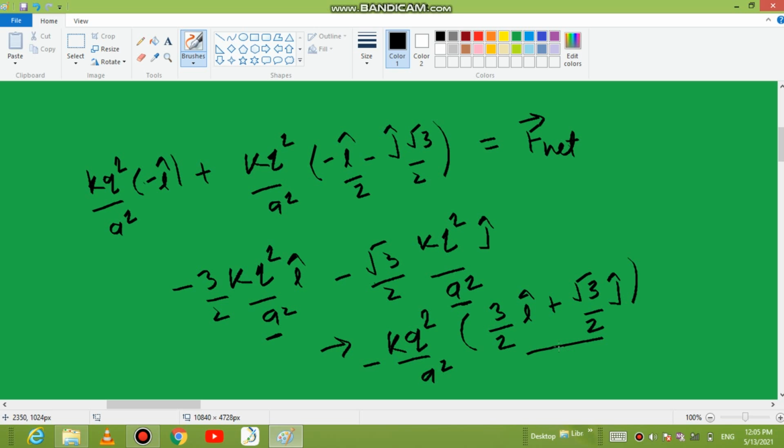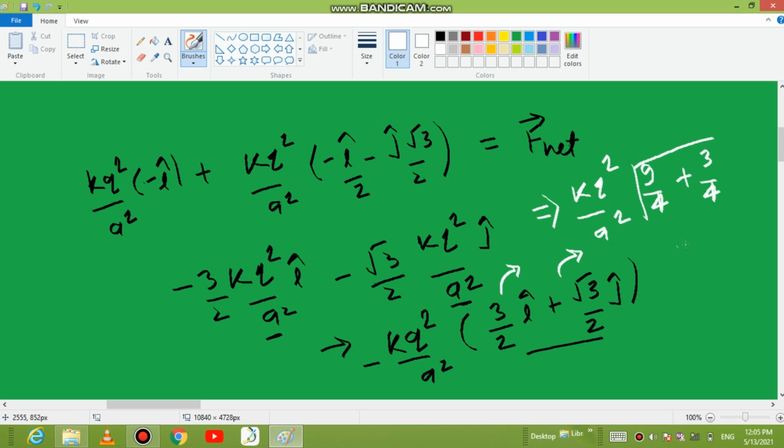If we only want to find magnitude, then we can easily find kq square upon a square and only square the coefficient of i cap and j cap and add them, which means 9 by 4 and 3 by 4, and taking square root of them, then resultant value will be 12 upon 4 square root, which is equal to root of 3.